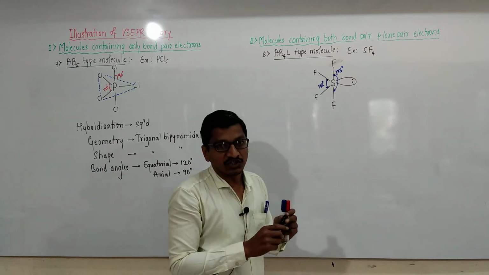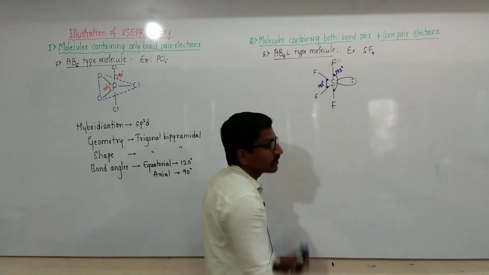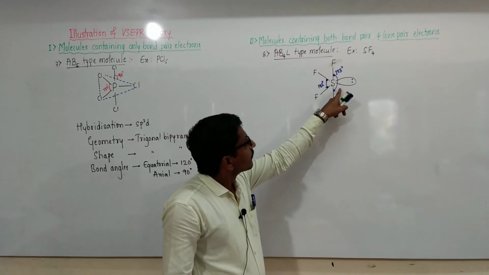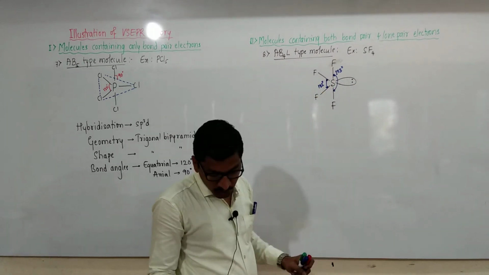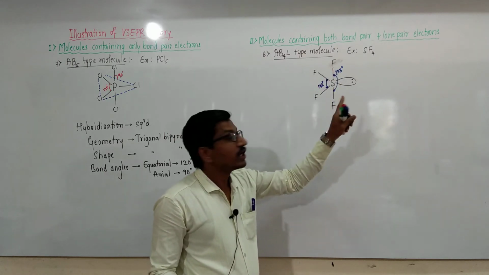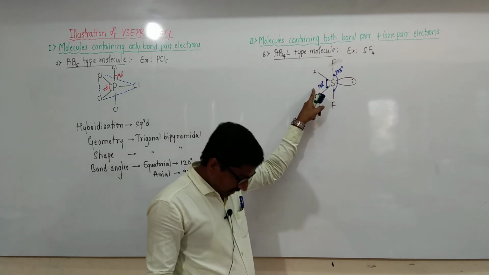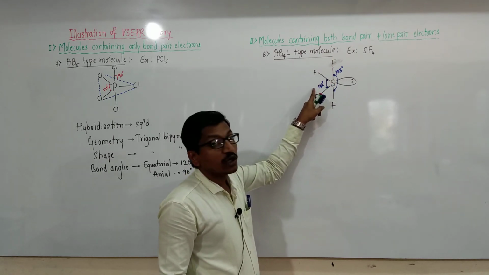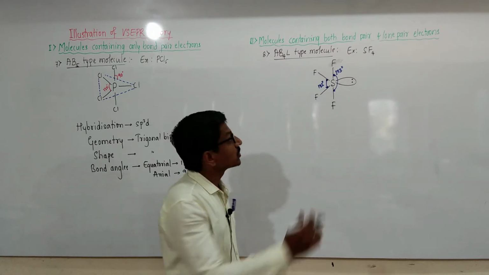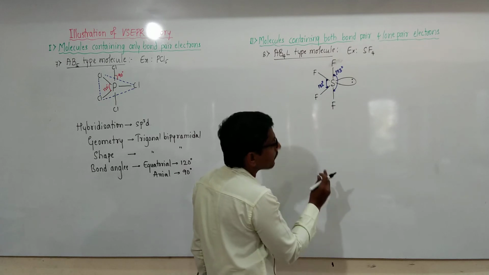Due to the presence of 1 lone pair on the central sulfur, the axial bond angle of 180 degrees is reduced to 173 degrees, and the equatorial bond angle of 120 degrees is reduced to 102 degrees, because lone pair-bond pair repulsion is more than bond pair-bond pair repulsion.